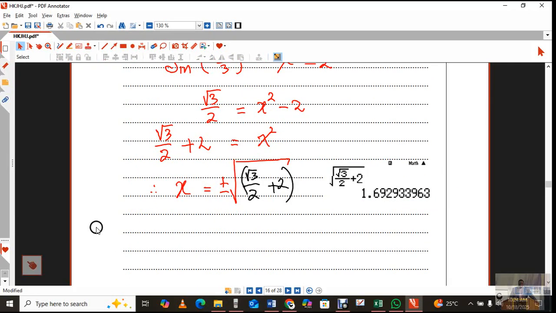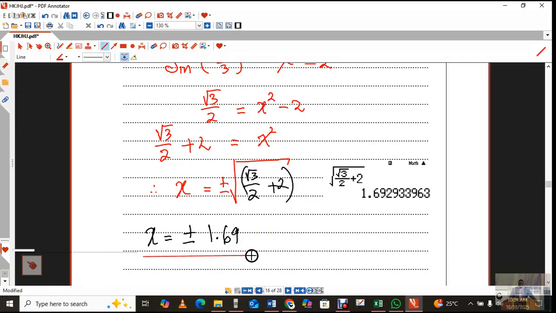So to 2 decimal places, I'm going to have 2 possible answers, one positive and the other negative. So I'll write x is equal to positive and negative 1.69. Right, and that is the acceptable answer in this part.